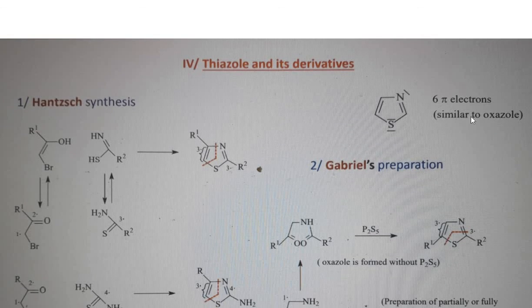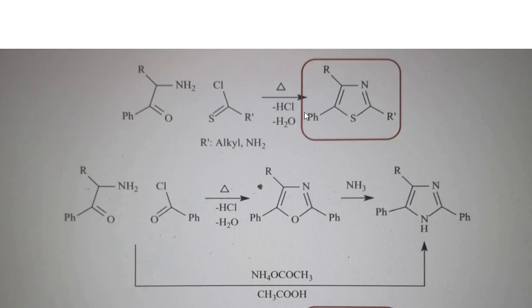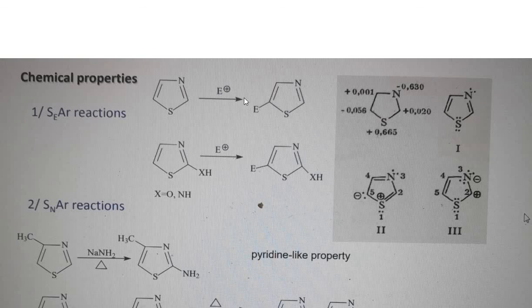Now thiazole, same way, this is a 6 pi electron system. Now Hantzsch synthesis: how you will synthesize this ring. This is another method, another method. So for the synthesis of this ring, write it down. We will discuss each reaction in the class.